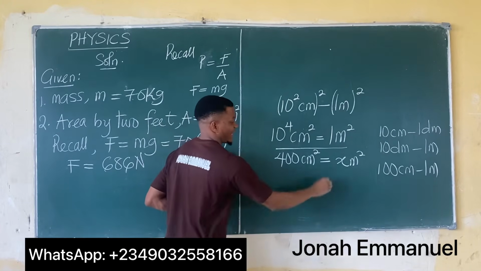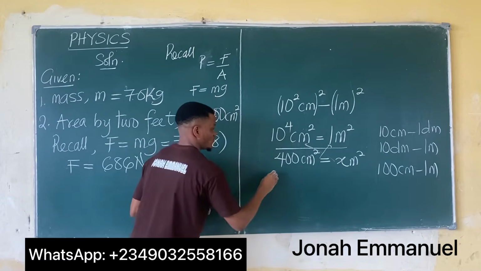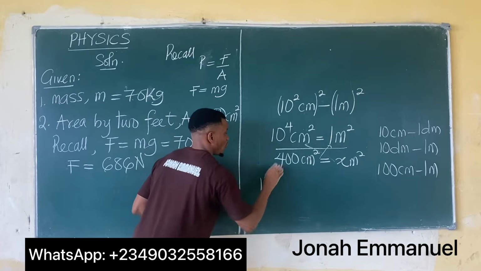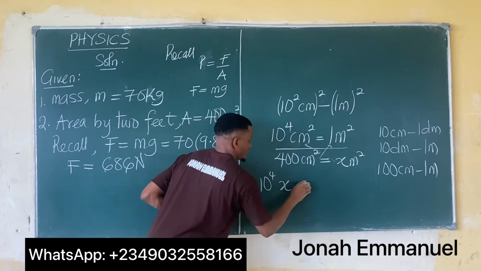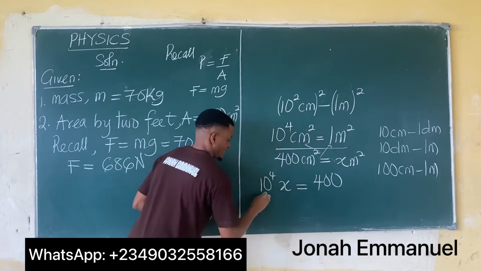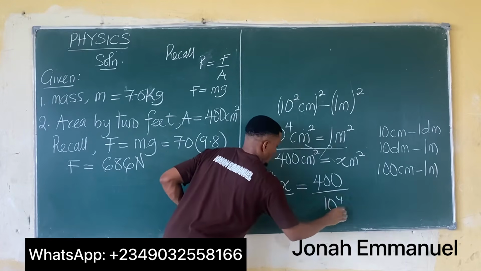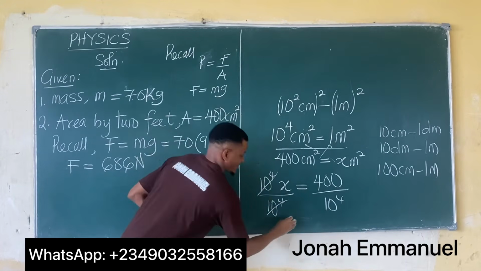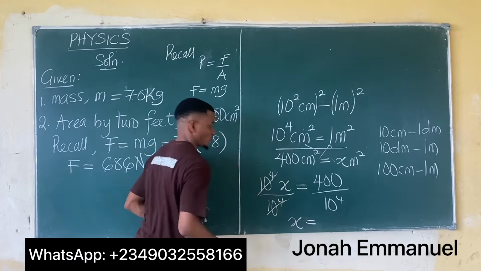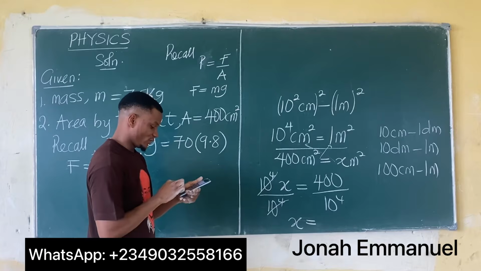Here we cross multiply. So this times this gives you 10 to the power 4 times x is equal to 400 times 1. That's 400 divided by 10 to the power 4. I will have that x is equal to 400 divided by 10 to the power 4.